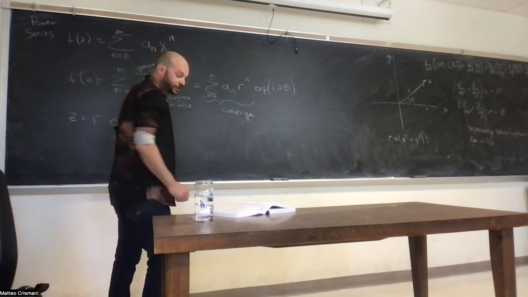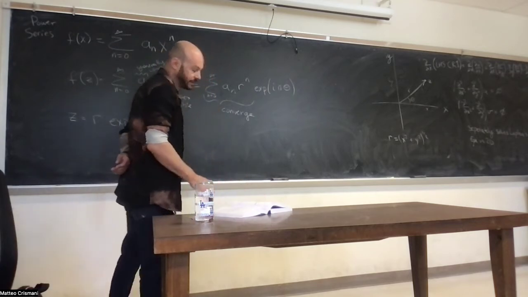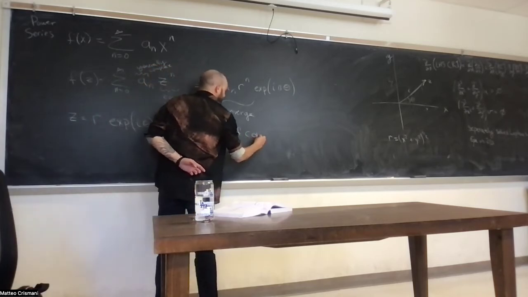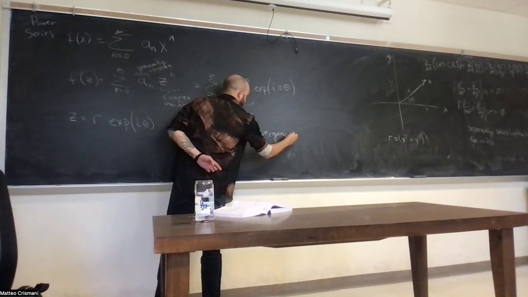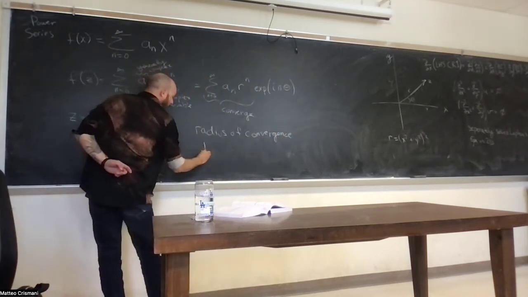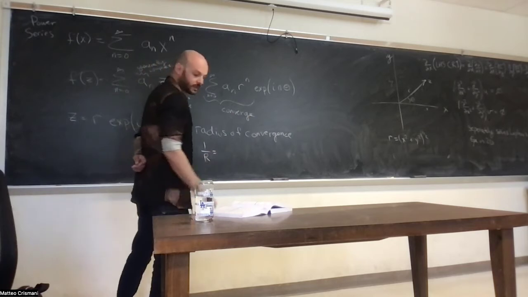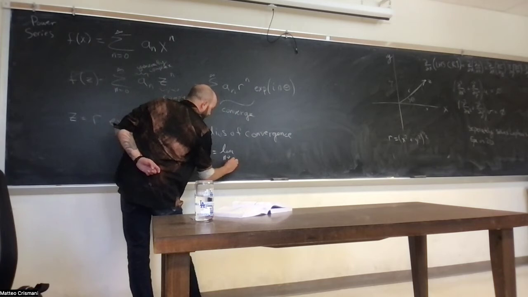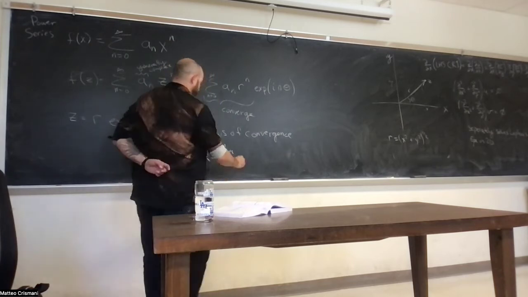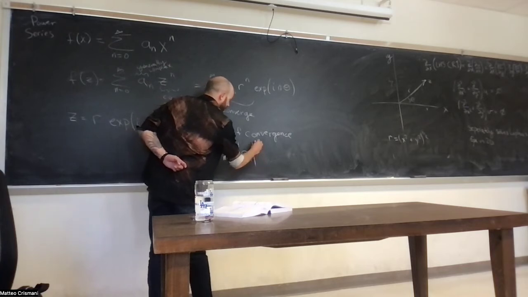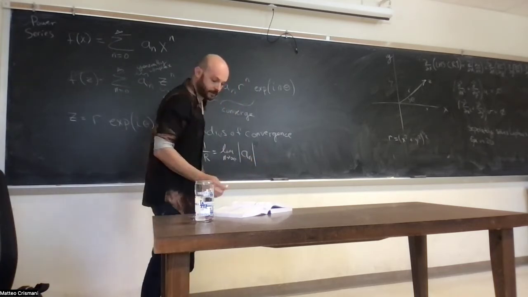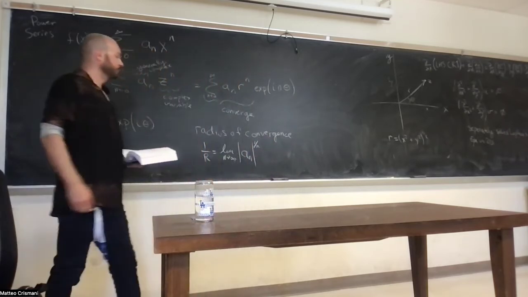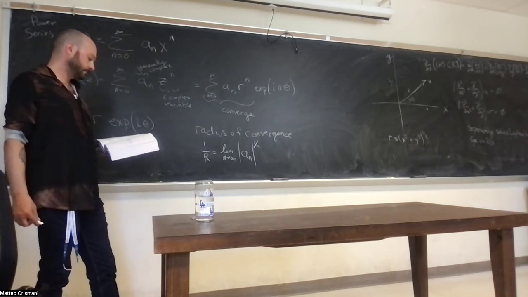So we can in fact make a definition, and this is a fun thing to do. You can test this: there is a radius of convergence R, specifically 1 over R, such that the limit as n goes to infinity of the nth root of a_n.